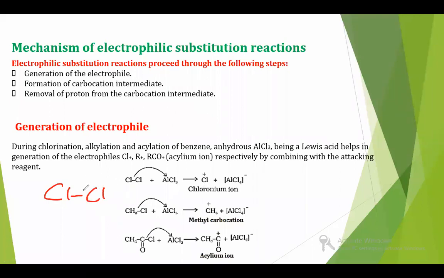One Cl combines with aluminum chloride, AlCl3, forming AlCl4, an anion with a negative charge. This is heterolytic separation, as opposed to homolytic.